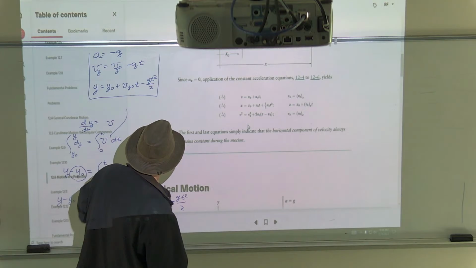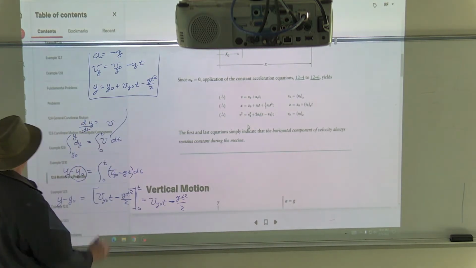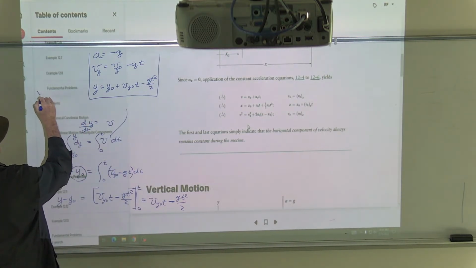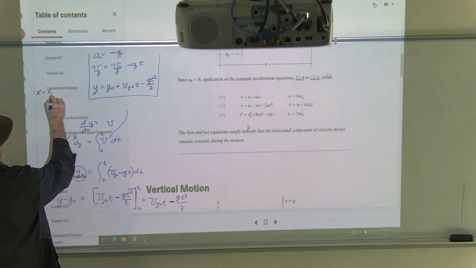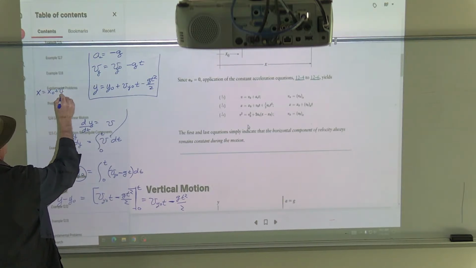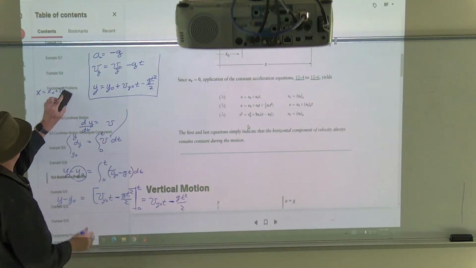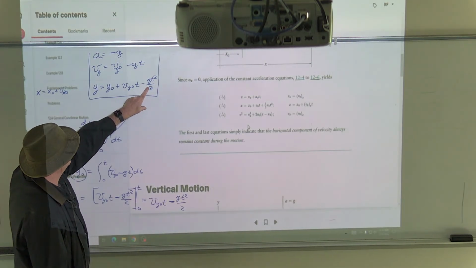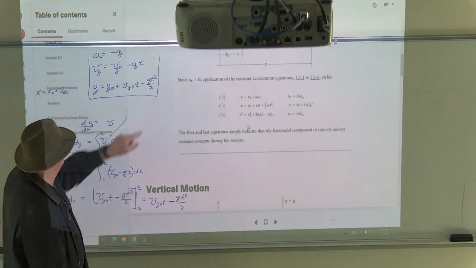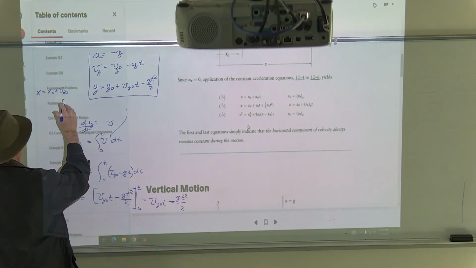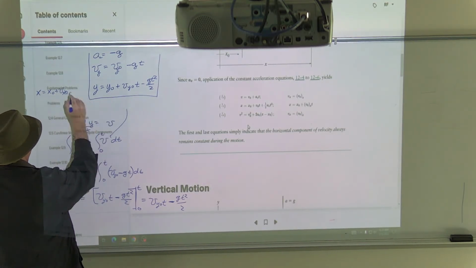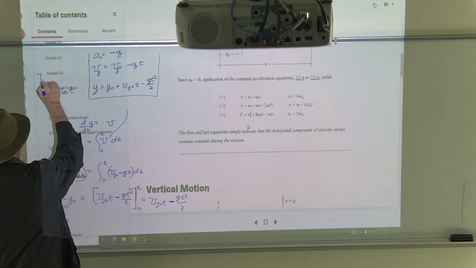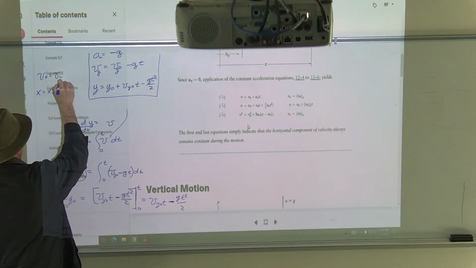It doesn't really matter. If I do the x, I just replace y with x. I said that, and I didn't do that. X naught. But there is no acceleration. There is no g in the x direction. So I just have that. And then, I have a t. And then I have vx is just equal to vx naught.